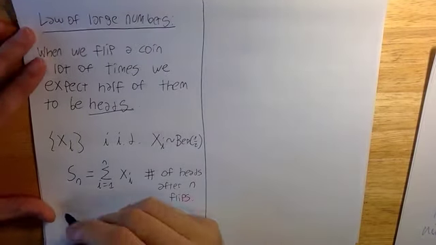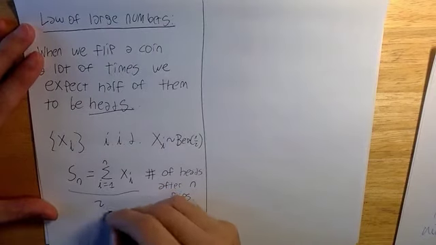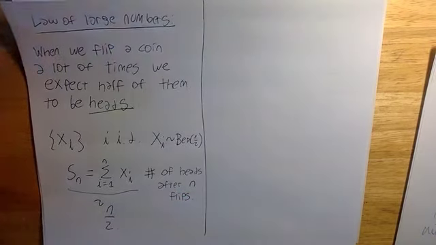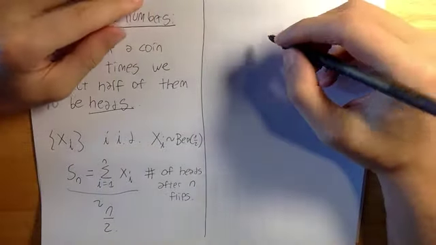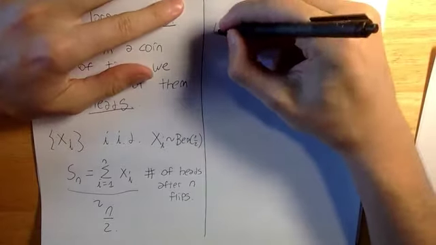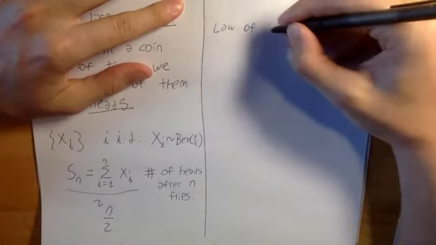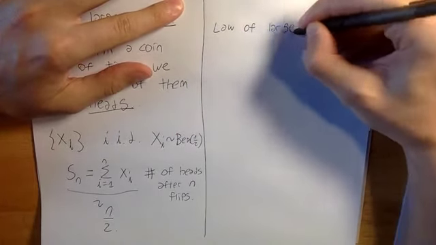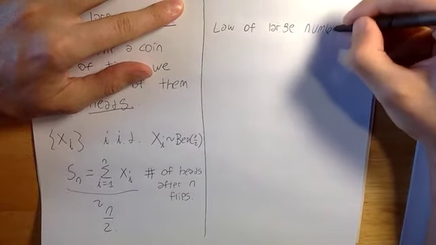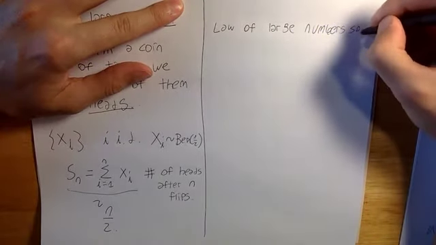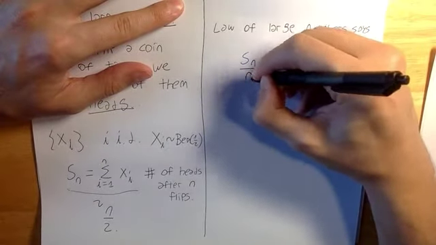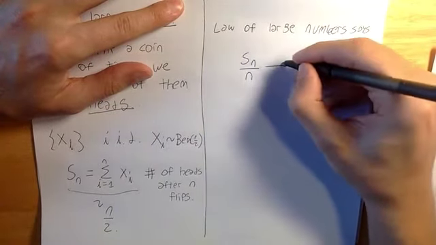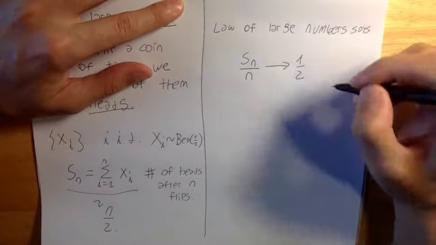So what we expect is that Sn behaves like n over 2. What the law of large numbers says is that Sn over n converges to 1/2.